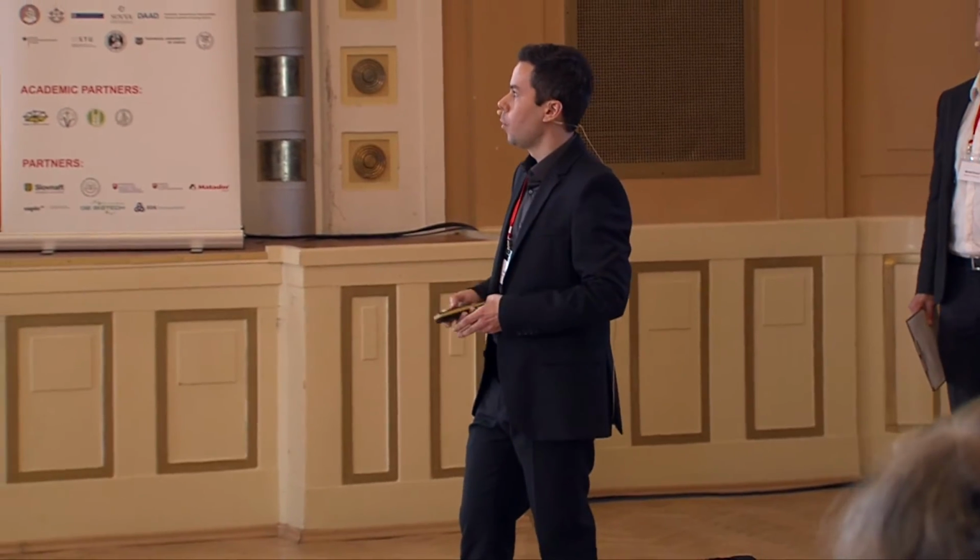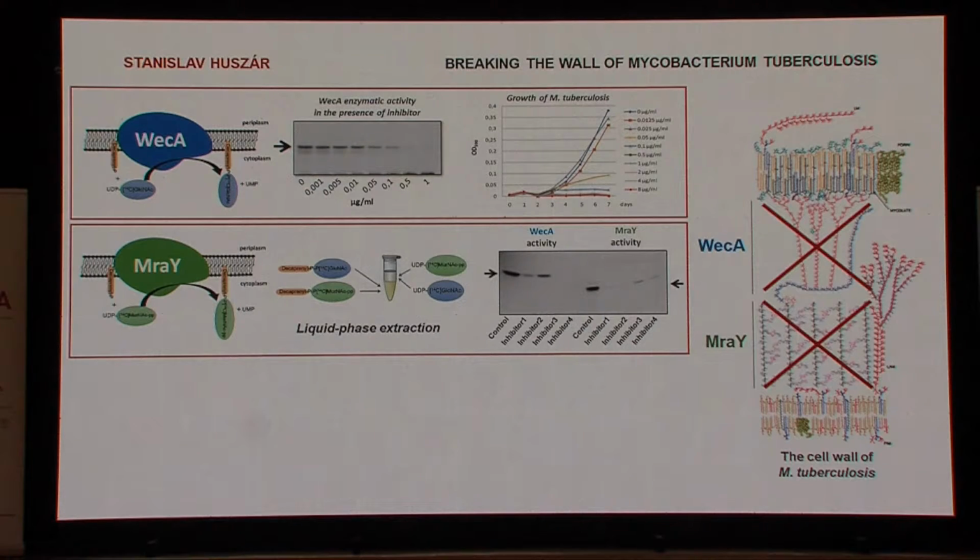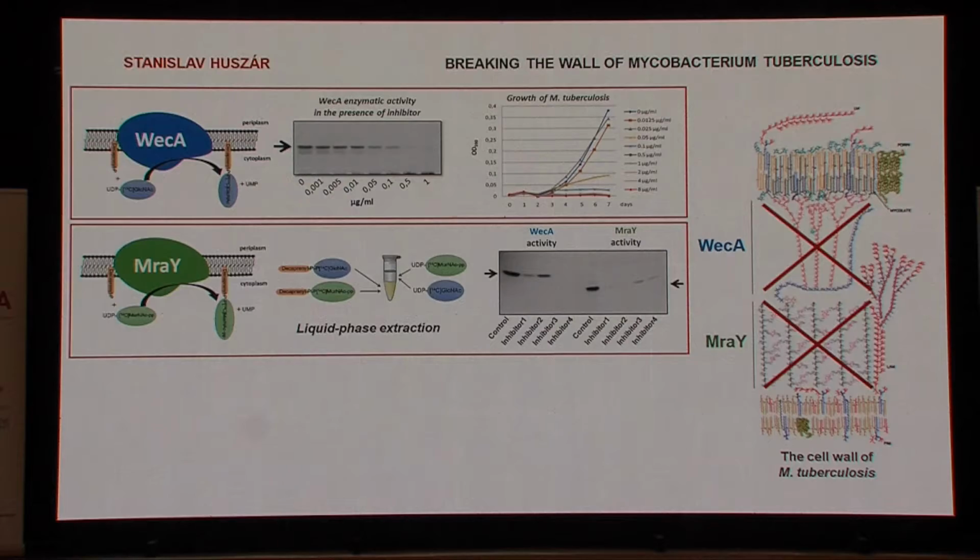However, it has a dual mechanism of action and also inhibits another protein which has a similar function but utilizes a different sugar substrate. So my goal was to develop a method for parallel monitoring of the activities of these two proteins simply by using two different sugar substrates.